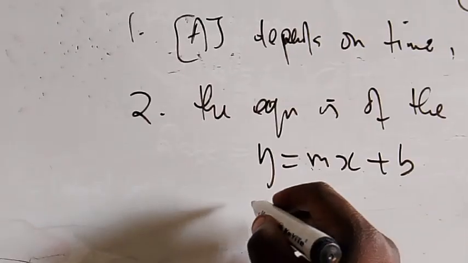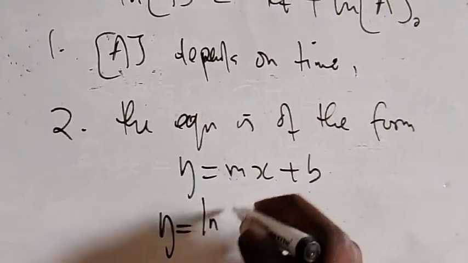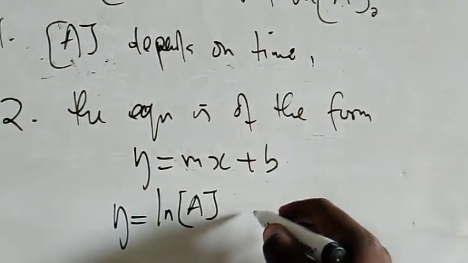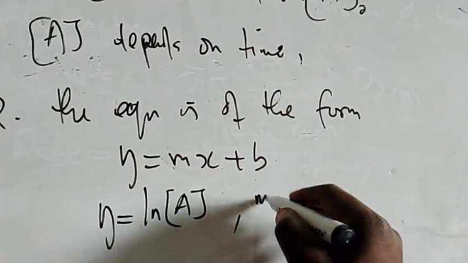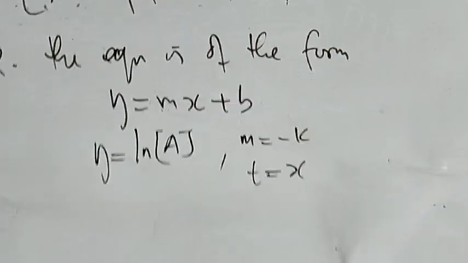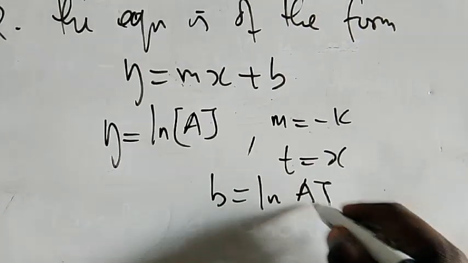In this case, y is equal to ln A, m is equal to negative k, x is equal to t, and b is equal to ln A initial.